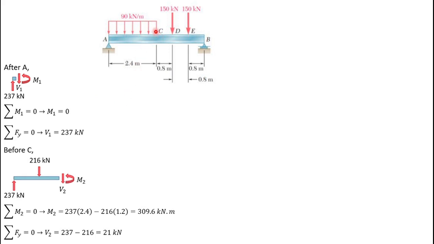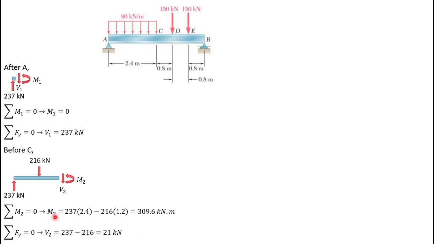And then before C, we have two forces, where the transverse load is replaced by an equivalent load equal to 216 kilonewton, obtained from 90 times 2.4 meter. Here, V2 is equal to this one minus this one, which is equal to 21 kilonewton.